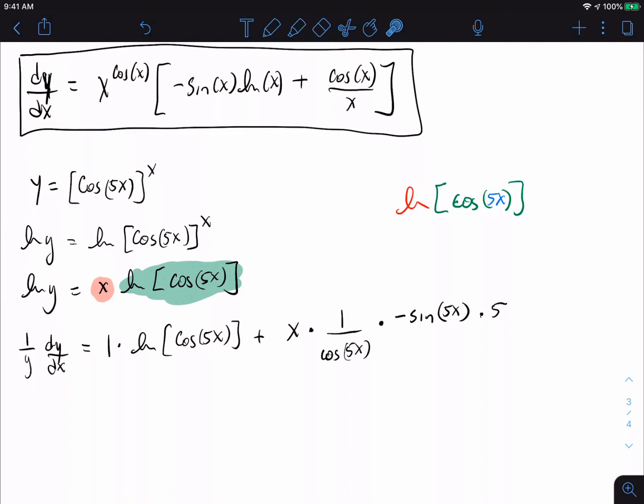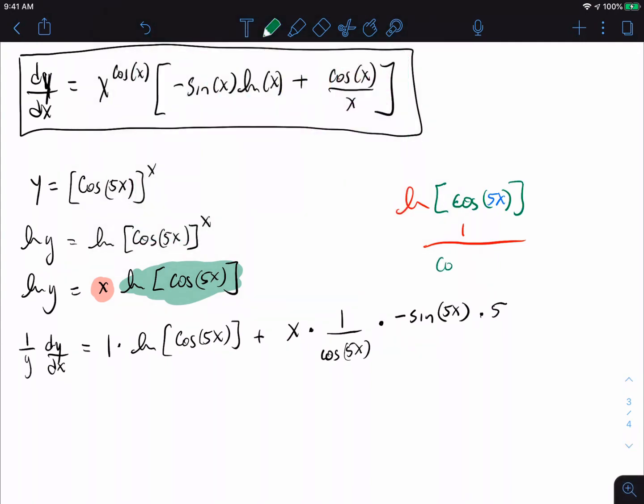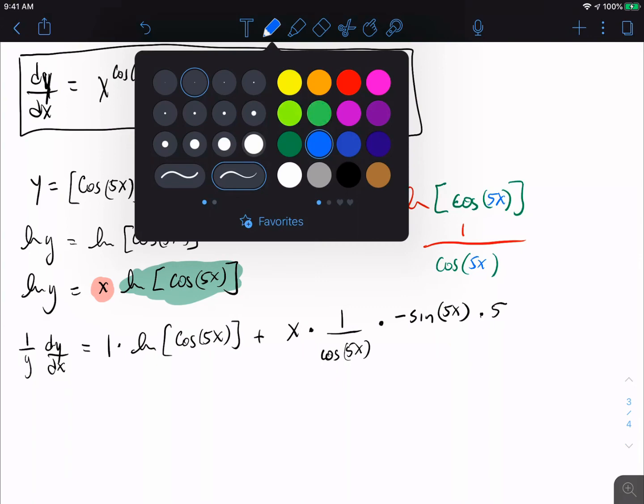So check this out. When we look at this part here, I know ln is a function, correct? So when I take the derivative of that, isn't that going to give me 1 over the other pieces, right? So the other pieces were cosine and then the 5x, right?